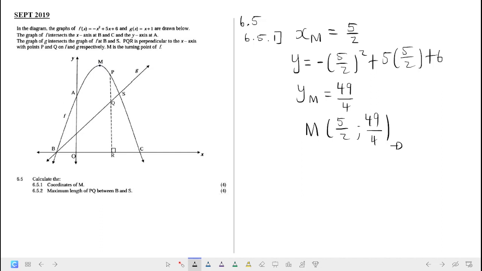And let's look at the last question. The last question says now we need to calculate the maximum length of PQ between B and S. So here the first thing that we need to do is calculate the length of PQ, using the formulas for F and for G, right? All right.